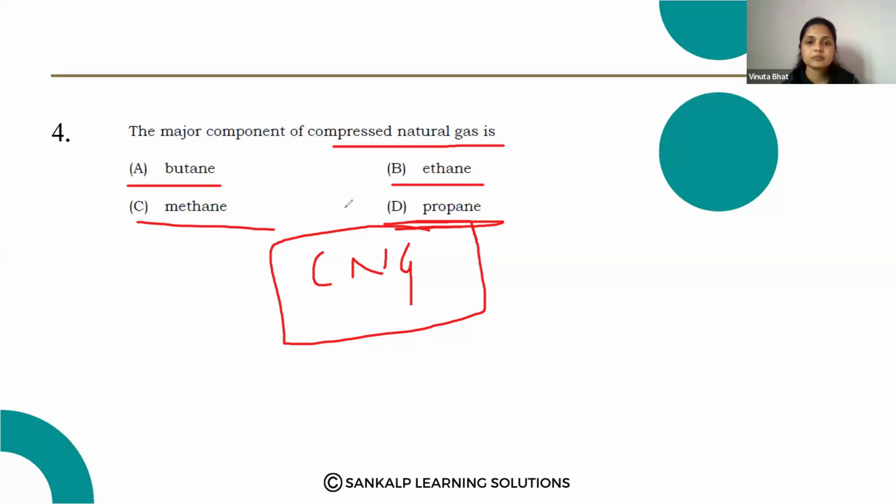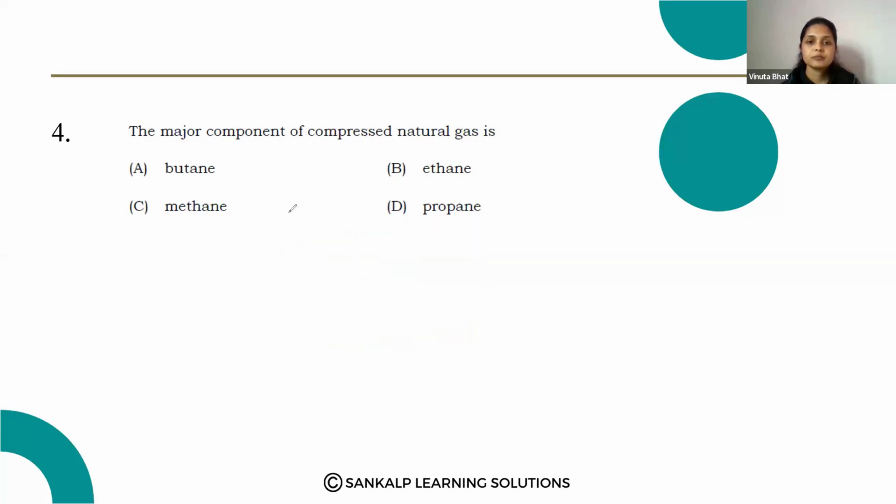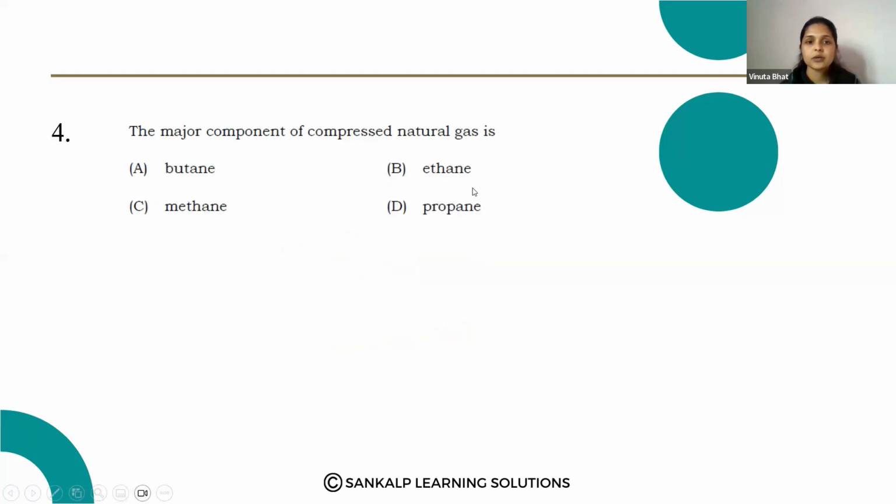Compressed natural gas contains methane. Methane gas is present. Option C, methane. Please note down the answer. The major component of compressed natural gas is methane.